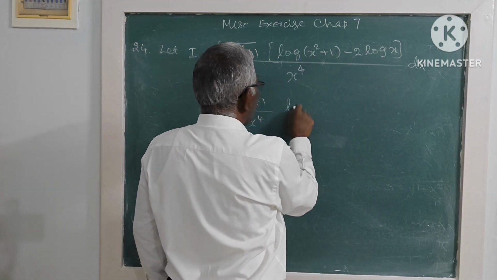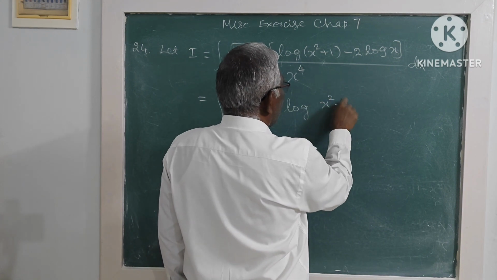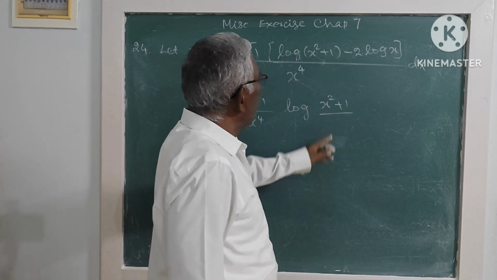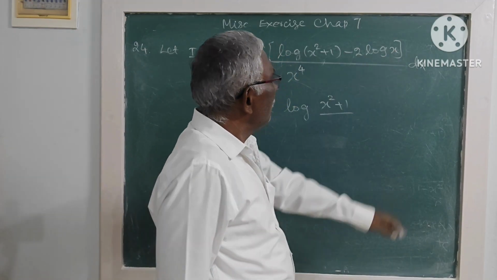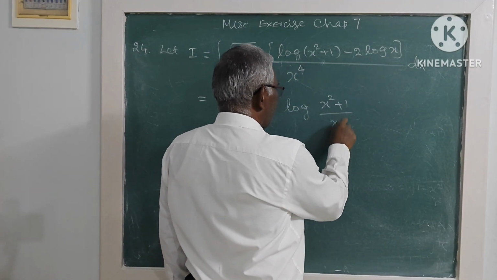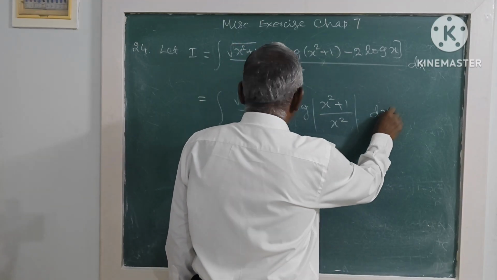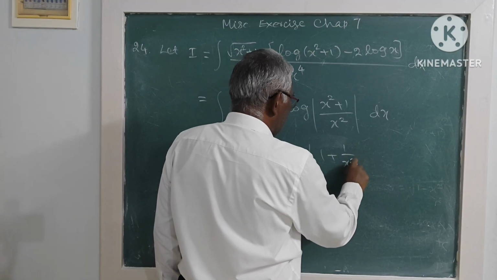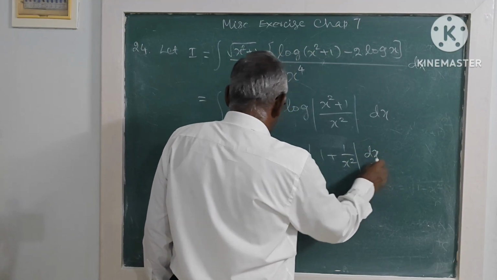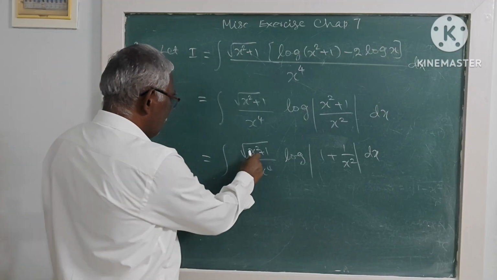This will be log of x square plus 1 by log x square. So x square will come in the denominator, dx. This we can write as 1 plus 1 by x square dx. See whether here also we can get 1 plus 1 by x square.